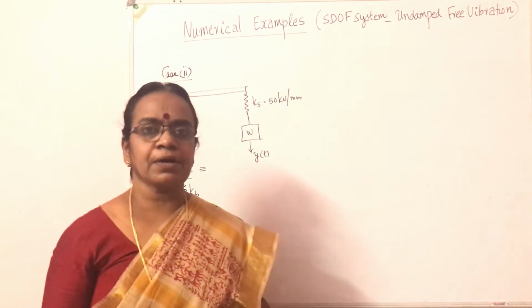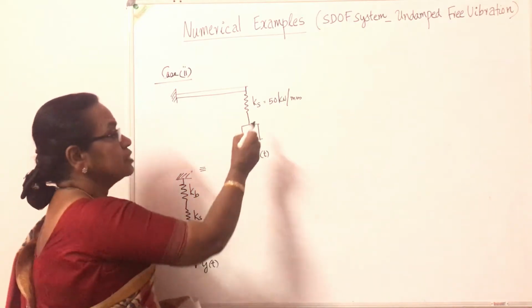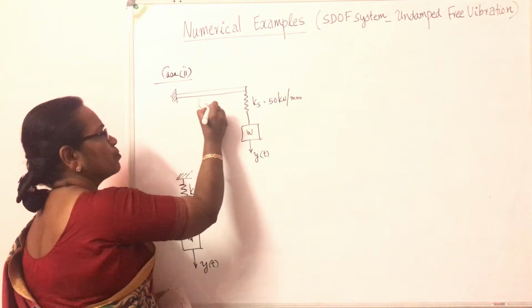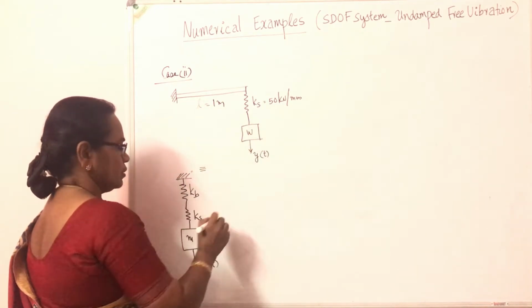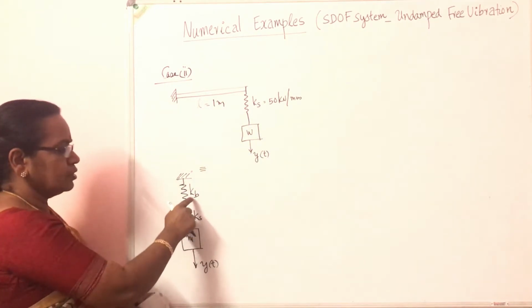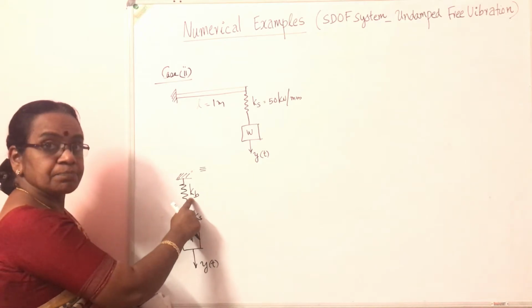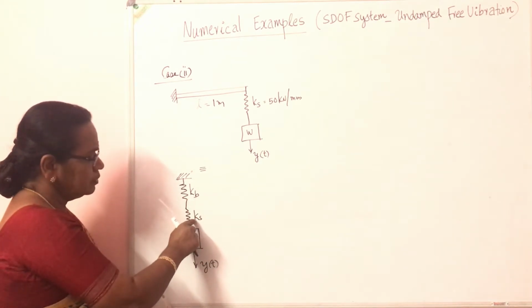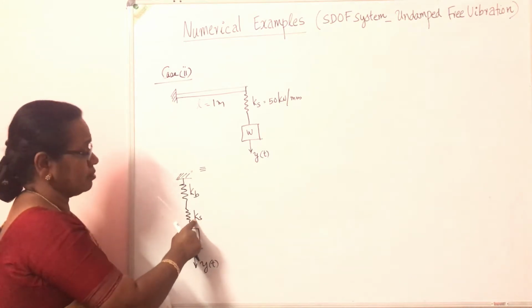Coming to the second part of the question. An additional spring of 50 kilonewton per meter is introduced between the beam, of span 1 meter, and the weight. So this is the equivalent spring mass system. This represents the stiffness of the beam, and a spring of stiffness Ks is attached to it.